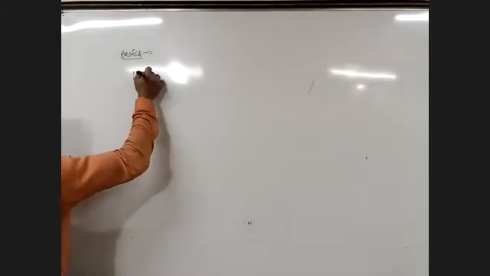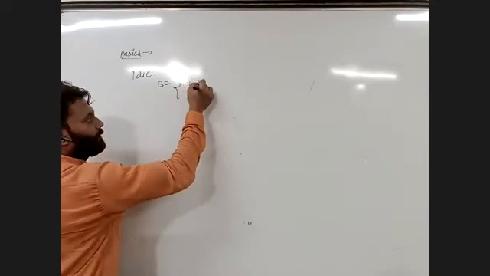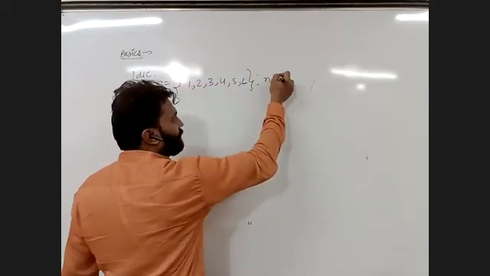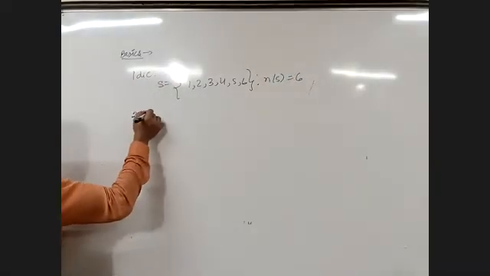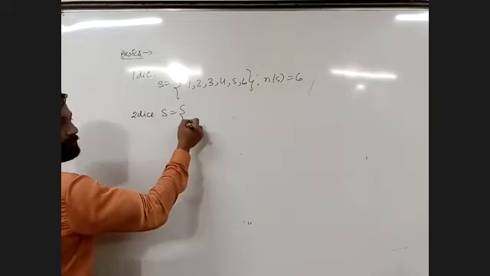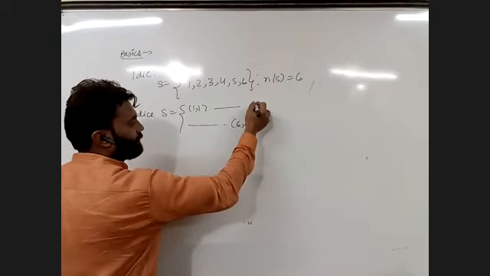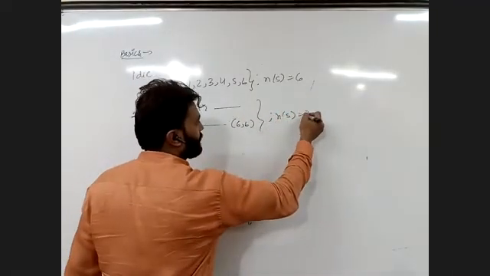Now look at this. In case of a die, the sample space is 1, 2, 3, 4, 5, 6, and the number of elements in the sample space is 6. If there are 2 dice, the sample space is (1,1), (1,2), up to (6,6), and the number of elements is 36.